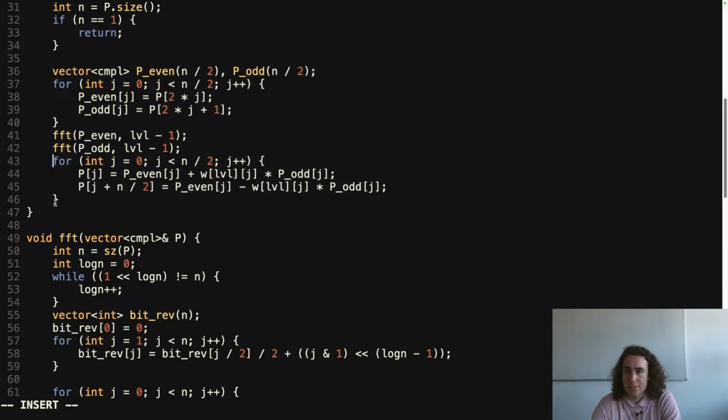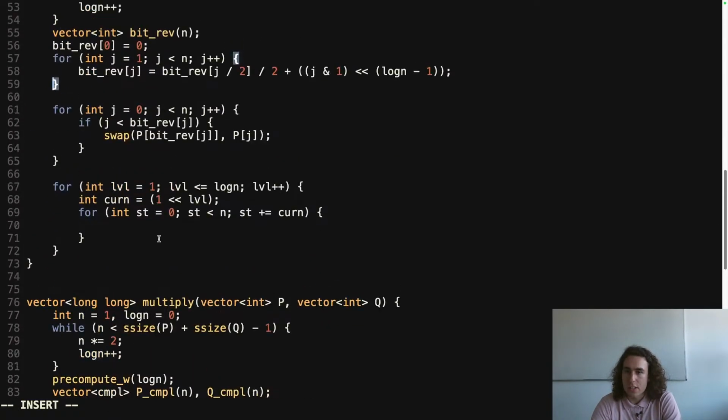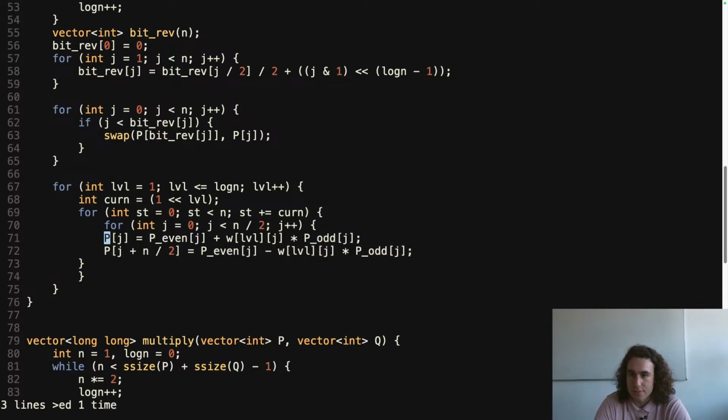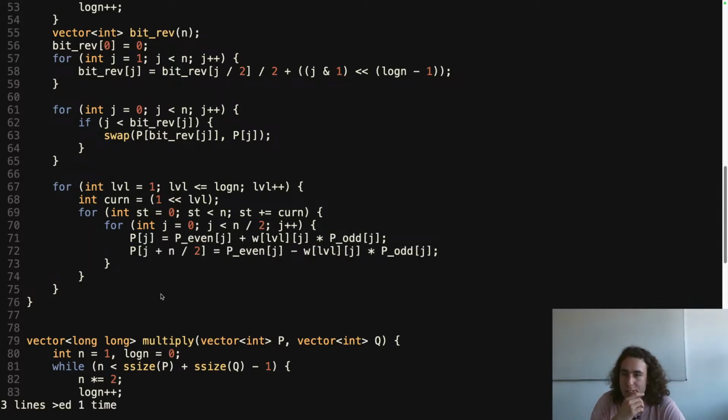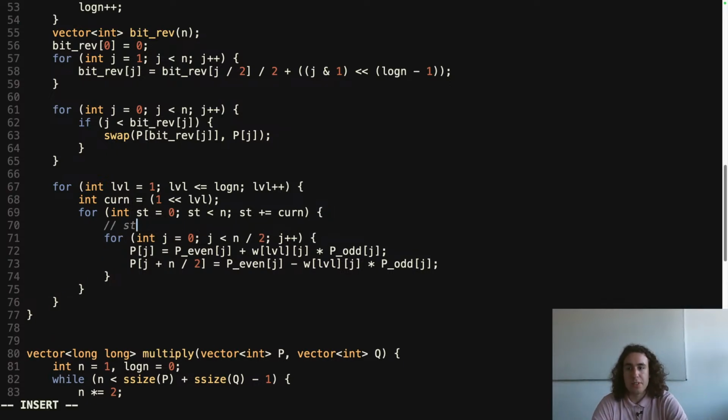Let's actually copy this here and understand how we need to adjust it. Again, we go through the first half of this chunk. We have a chunk that starts from position start to position start plus n minus 1, and we need to do something about it.